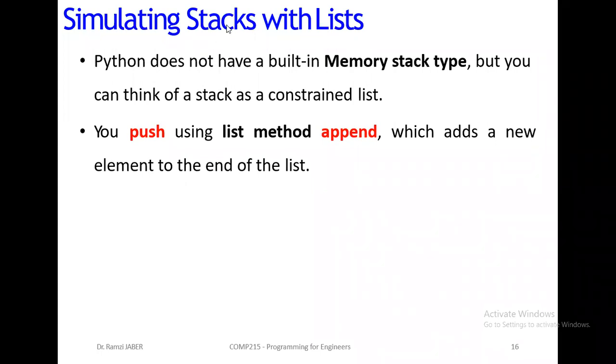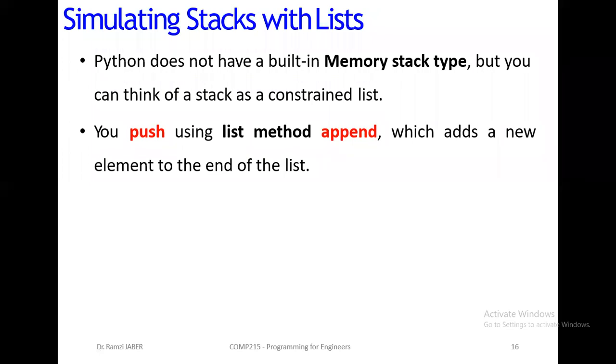So we have in stack, in the next slide, an example of that. The push using the list method append. Push means in a memory stack that I want to add an element.